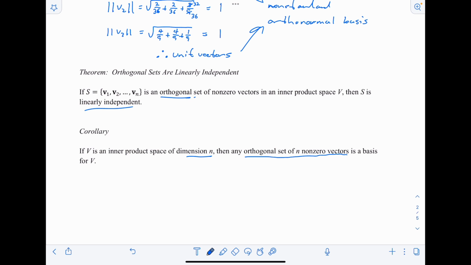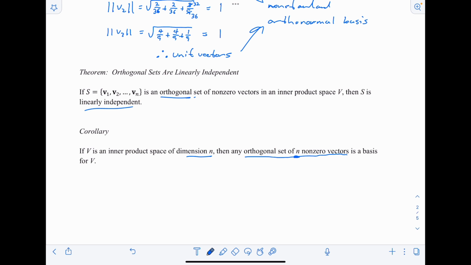If we have more than that, it's not linearly independent. So we're going to have n non-zero vectors, and that is going to be a basis for V. We know automatically that if those n vectors are orthogonal, it is a basis for V.